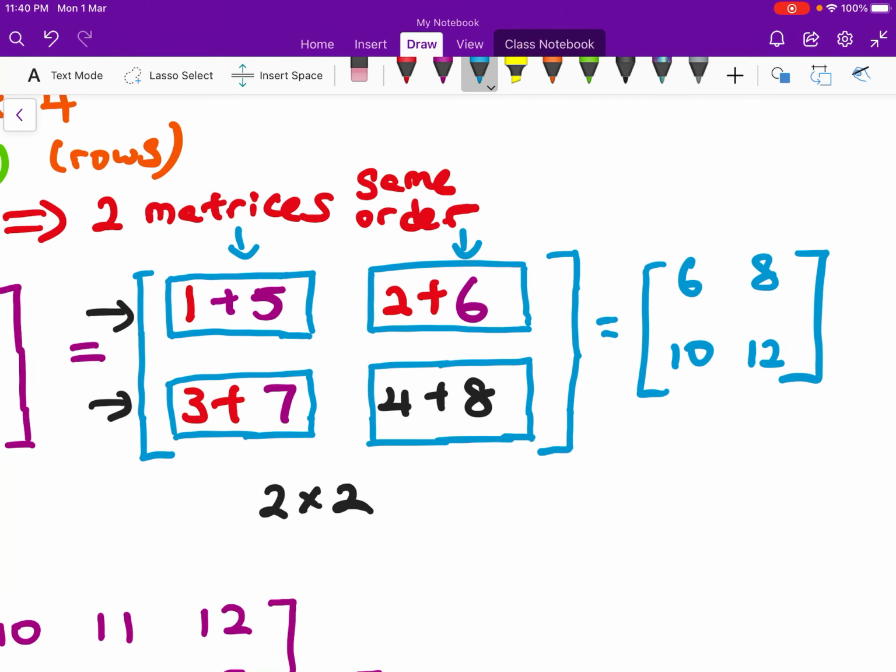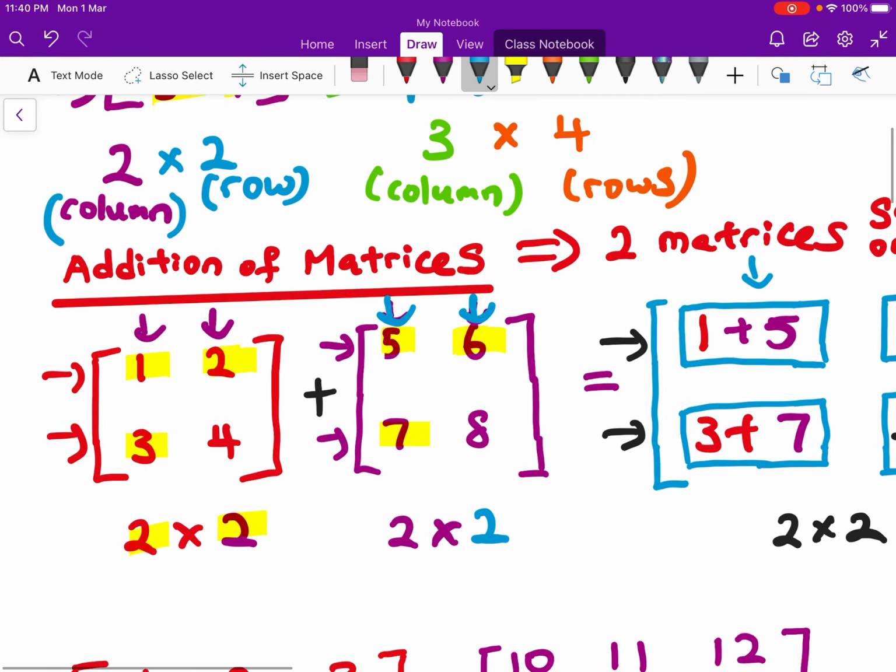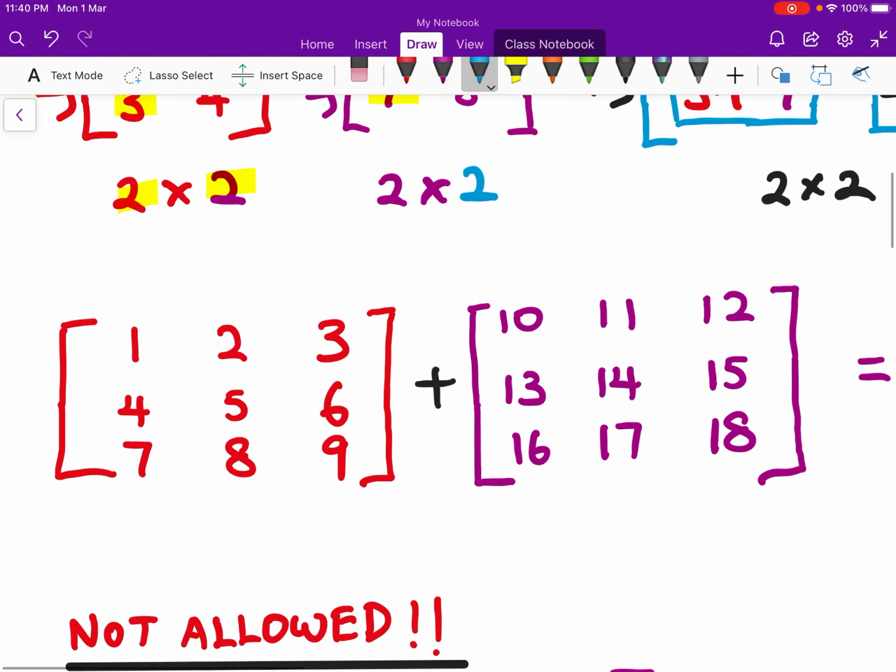The second example of addition of matrices: the red matrix is 1, 2, 3, so 3 columns. How many rows? 1, 2, 3, so 3 rows, 3 by 3.